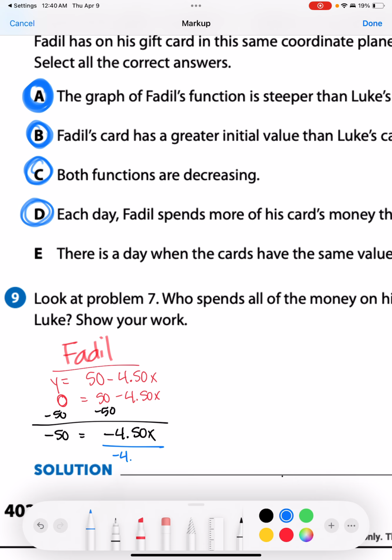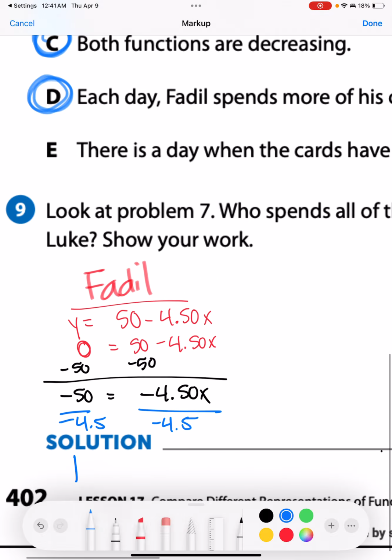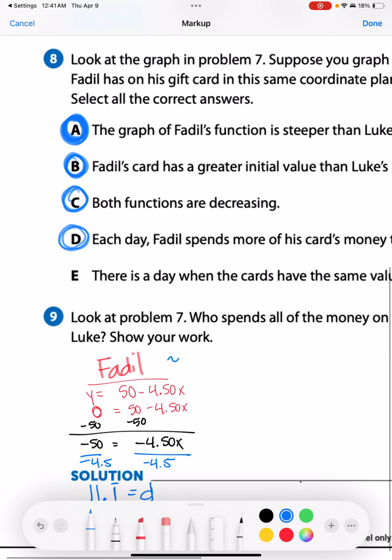Divide by negative 4.5. All right, and you get that 11.1 repeating equals the number of days, so about 11 days.